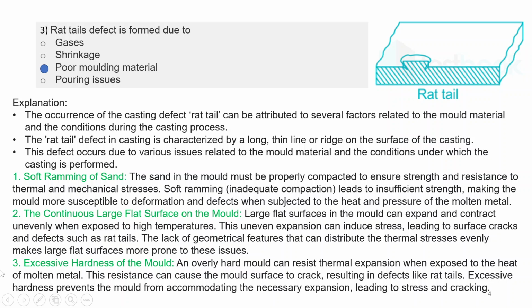Next is excessive hardness of the mold. An overly hard mold can resist thermal expansion when exposed to the heat of molten metal, and this resistance can cause the mold surface to crack, resulting in defects like red tails. Excessive hardness prevents the mold from accommodating the necessary expansion, leading to stress and cracking.